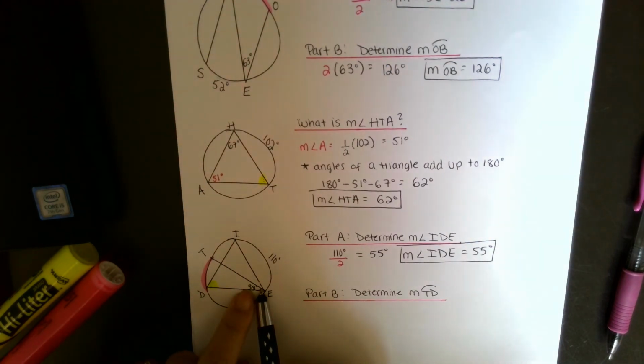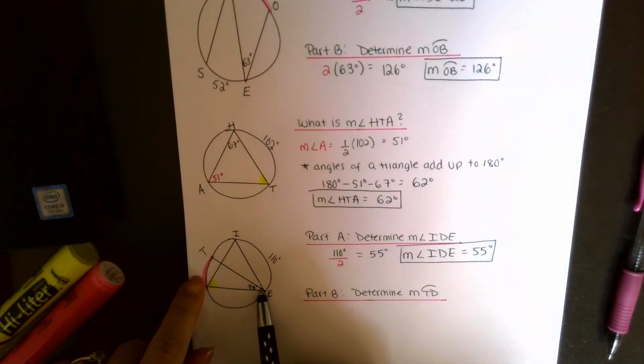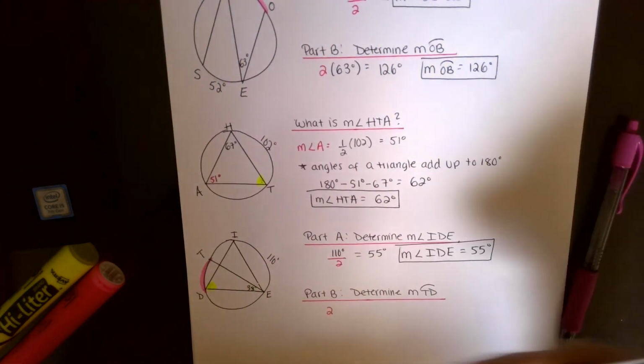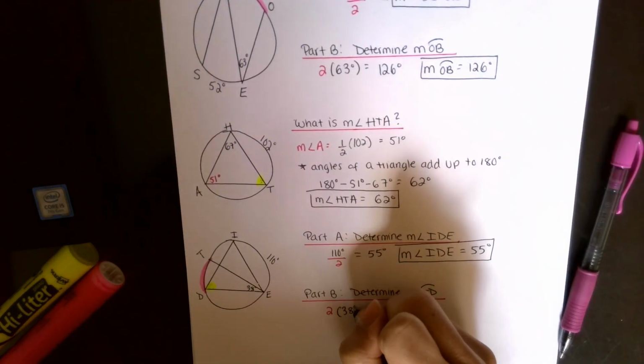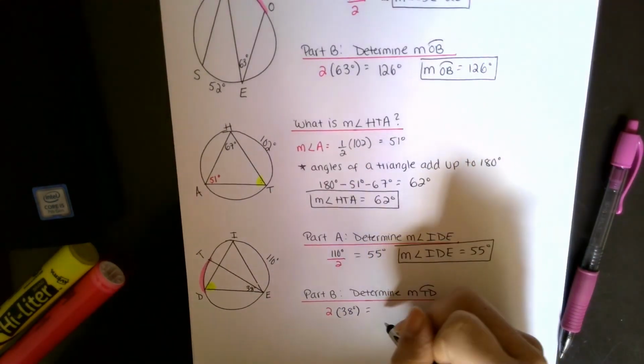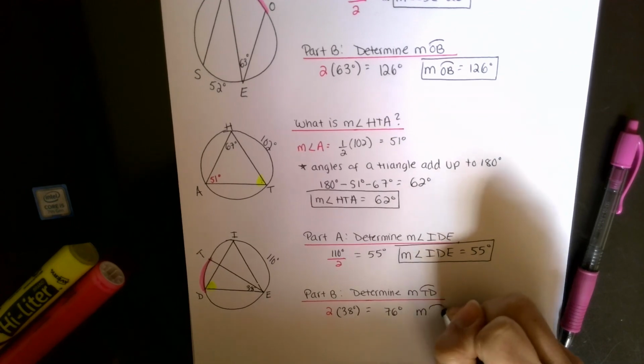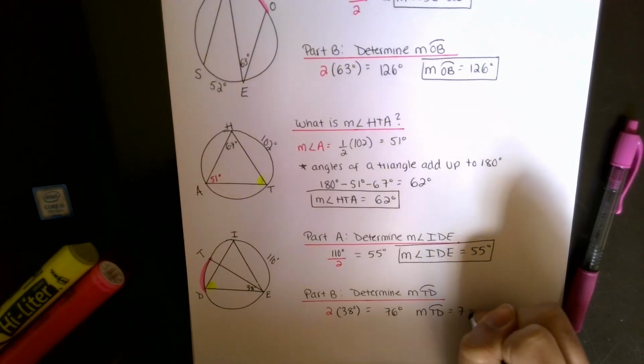Remember, because I'm going from inscribed angle to the arc, I'm going the reverse now. I'm going to multiply. So it's 2 times 38 degrees, which will give you 76 degrees. So the measure of the arc TD equals 76 degrees.